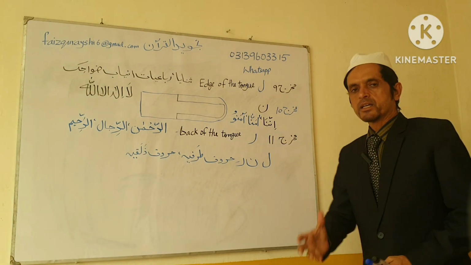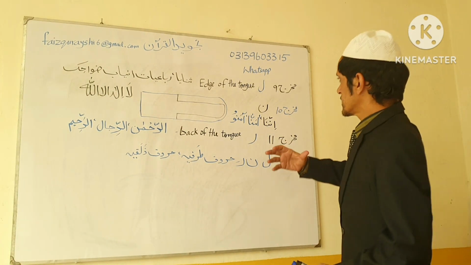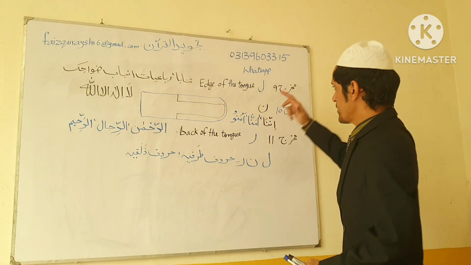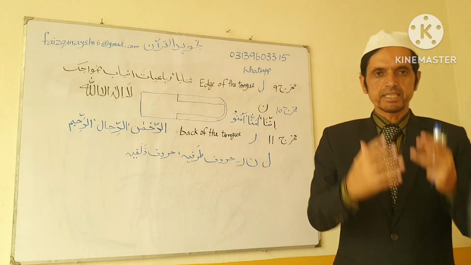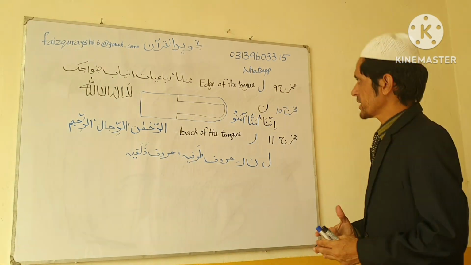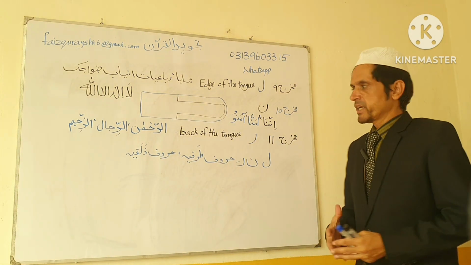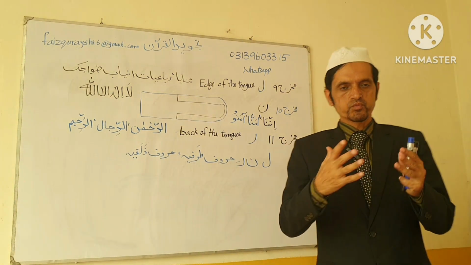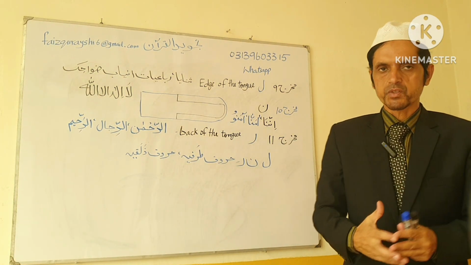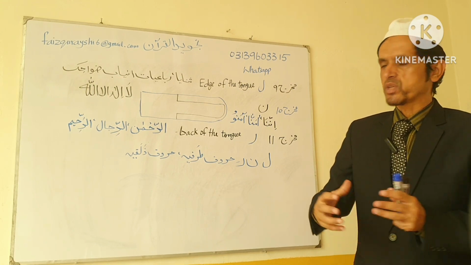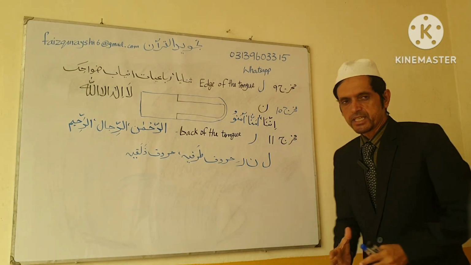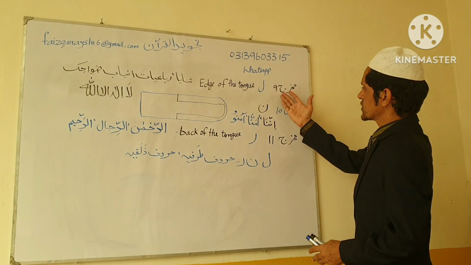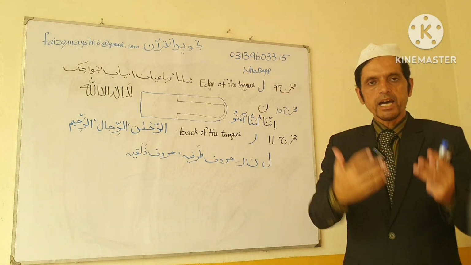They are called Makharij, and the singular of Makharij is Makhraj. So we have 17 Makharij in Arabic language, and we have 29 letters. So for 29 letters we have 17 Makharij.